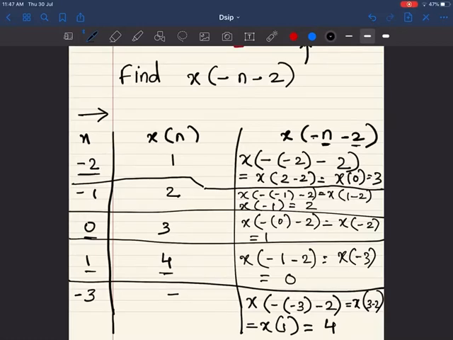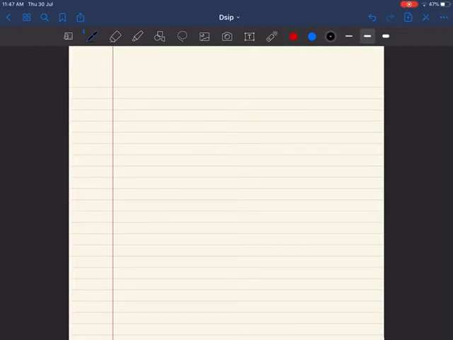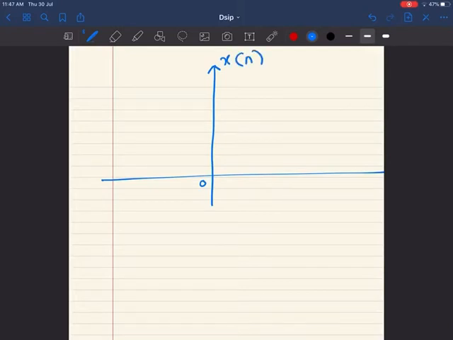Now let's draw the two signals and compare them, the original signal and the modified signal. This is the original signal where this is my x of n and this is my n. This is 1, 2, 3, 4, 1, 2, 3, 4, minus 1, minus 2, minus 3.